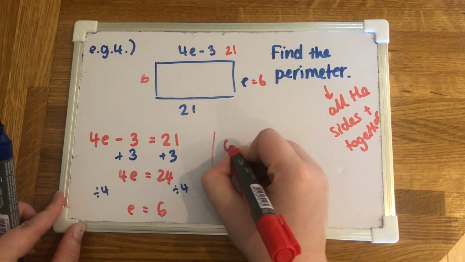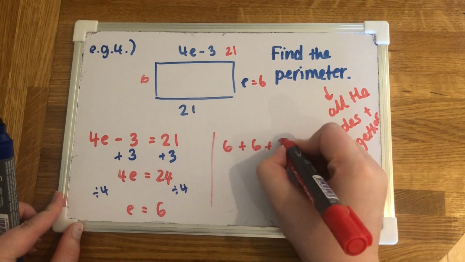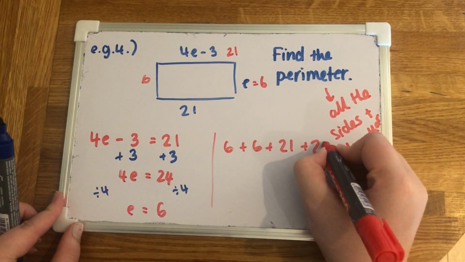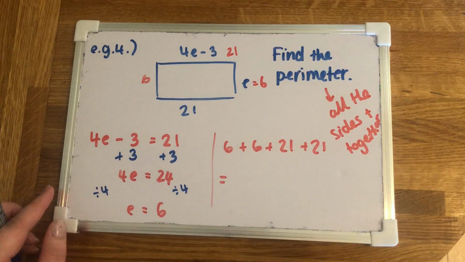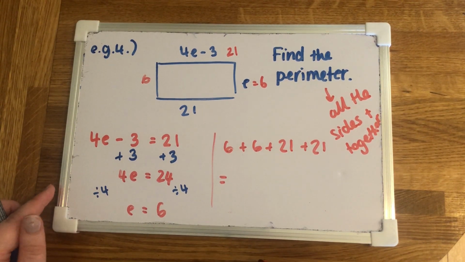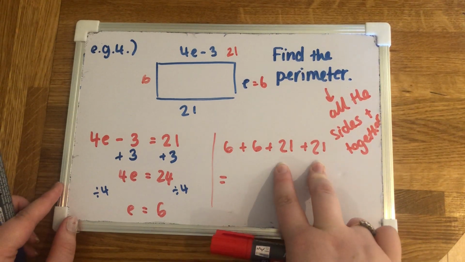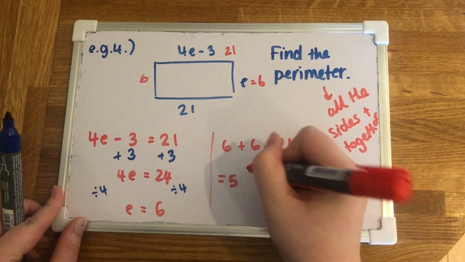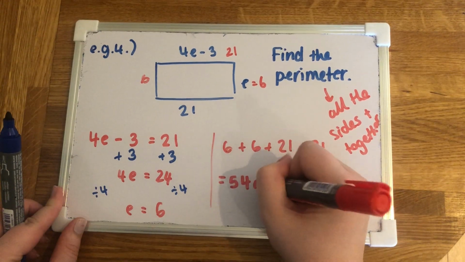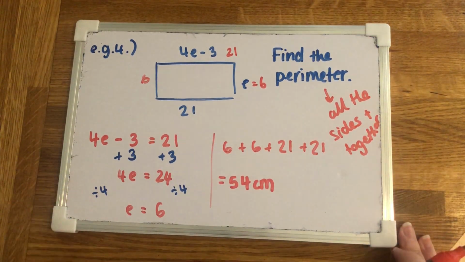So it's going to be 6 plus 6 plus 21 plus 21. Okay, and just make sure that when you add it, you do it really carefully. So that's 42. It's going to be 54 centimetres.